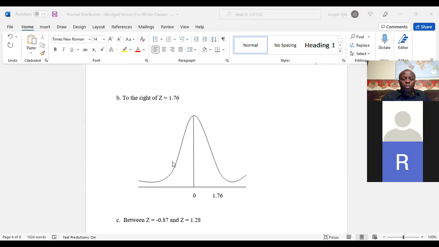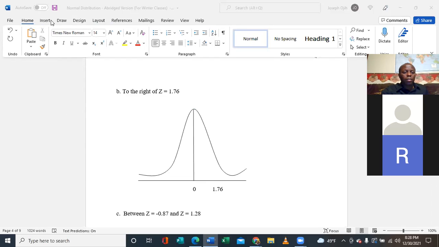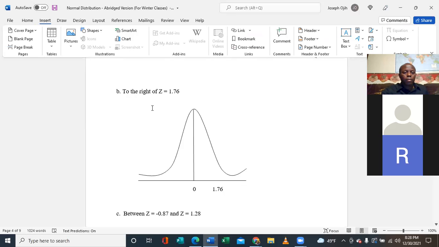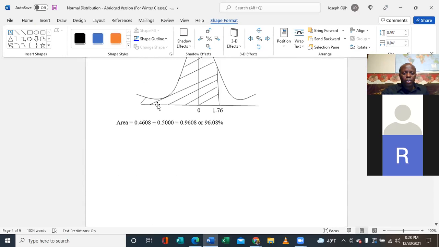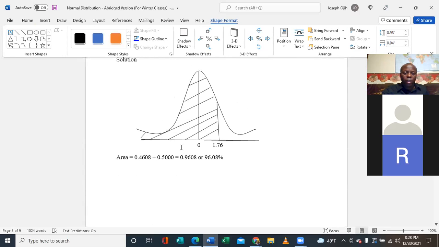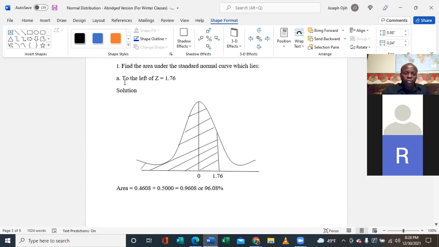Now, let's put the 1.76. Now, this time around, you said to the right. The other one, you put 1.76 but you go to the left of it because it says to the left.